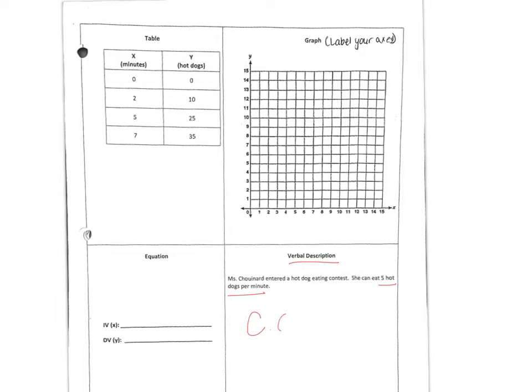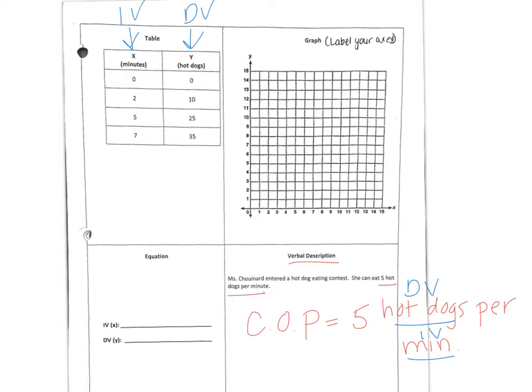So my constant of proportionality is 5 hot dogs per minute. And remember, it's DV per IV. So my DV, as we can see in the table, is hot dogs, and my IV is minutes.